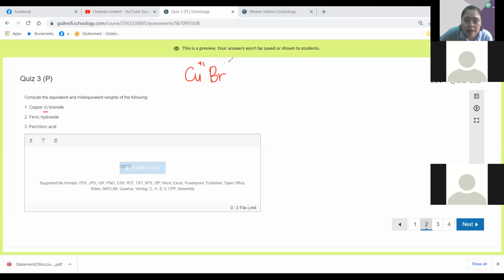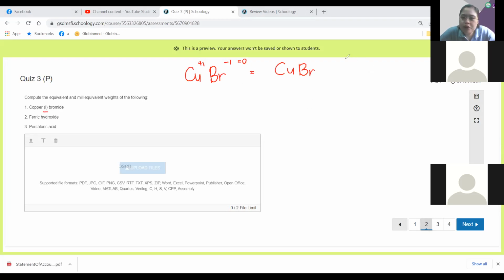And then bromide is in group 7 in the periodic table, and it means that it has a charge of negative 1. Now if we add, this is equal to 0, so no need to do the crisscross. You just combine the symbols. The correct chemical formula of copper 1 bromide is just CuBr.